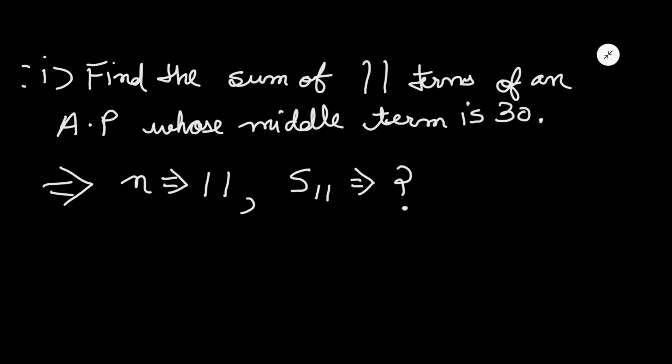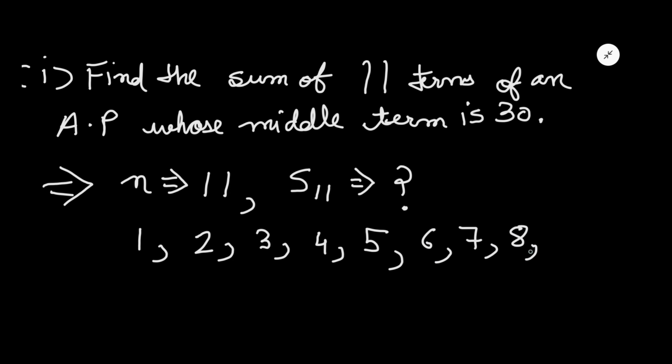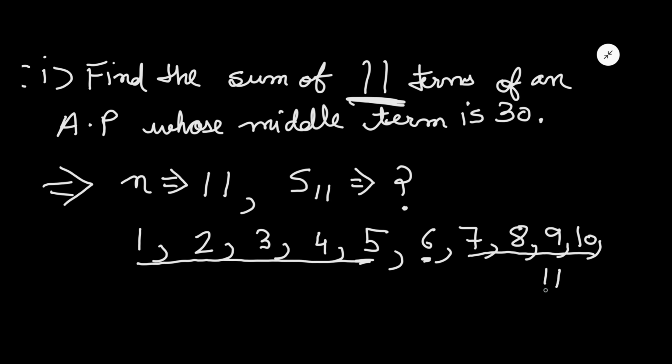So it is given that the middle term is 30. If we write our arithmetic progression, which is 1, 2, 3, 4, 5, 6, 7, 8, 9, 10, and 11, as it is mentioned that there are 11 terms, here the middle term is 6 because the first 5 terms are these and the last 5 terms are these.